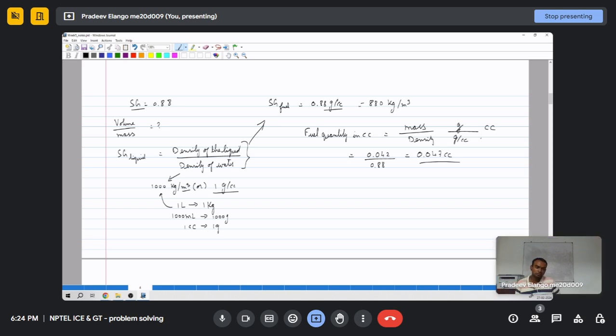Normalized means divided by the density of water. So we are just comparing how different it is from the density of water. If it is 0.88, it means it is 88% of the density of water. If some liquid has a specific gravity of, say, 2, then that means it is twice as dense as water.